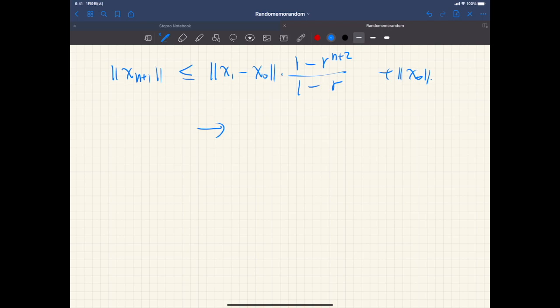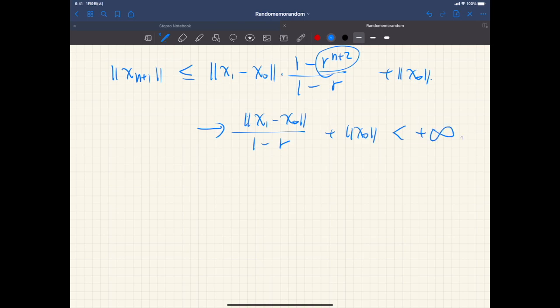Since r is between 0 and 1, the r to the power of n plus 2 term will converge to 0. So after all, we have the norm of x1 minus x0 over 1 minus r plus the norm of x0, which is obviously finite.